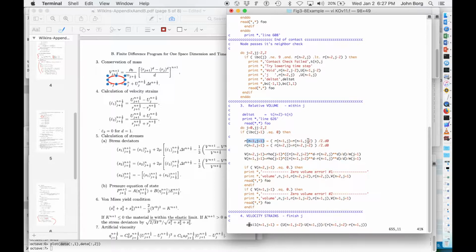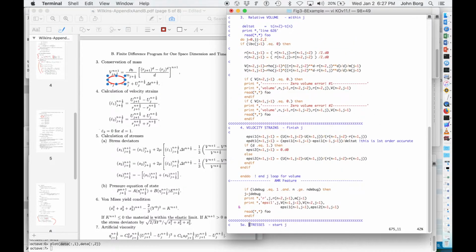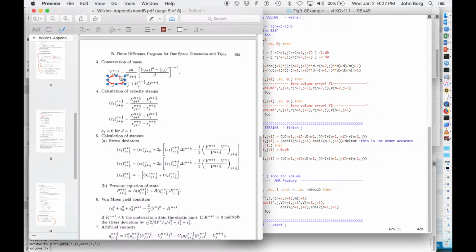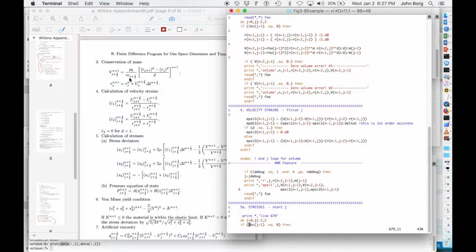So this is a, what is this called? A staggered mesh in time and in space. It's just the scheme that he used to do this discretization. All right, so it calculates the volumes, that's at the future times, at j plus a half, and at r it's updating the velocity and the position.